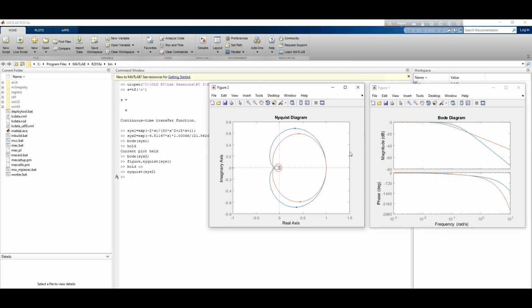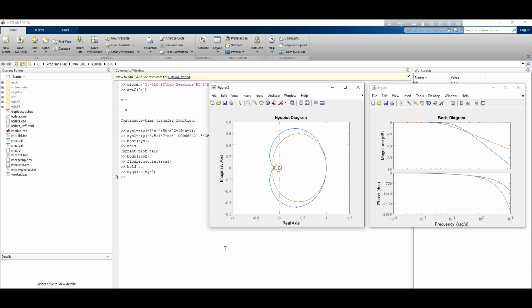These are the Bode as well as the Nyquist plot for the system in terms of FOPDT as well as in terms of SOPDT. So these are the comparisons and the comments we can conclude, or the analysis we can do from these two Nyquist and Bode plots, as well as from the output of that system, whatever we have seen previously.